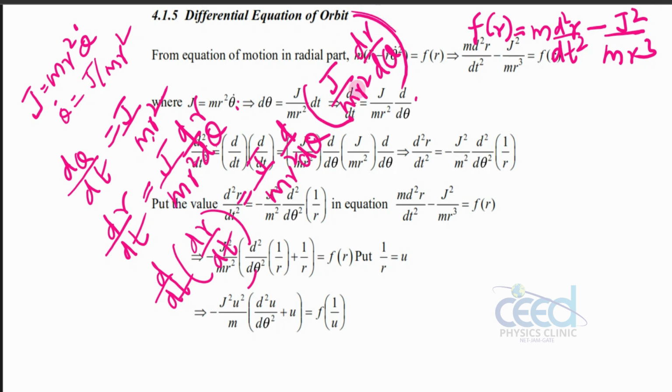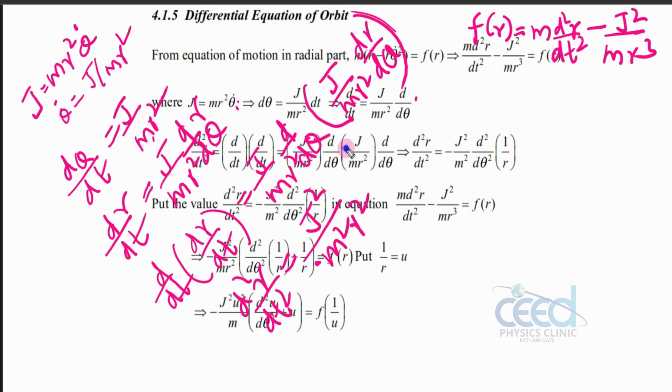Understood? Now look here, d by dt, so this I can write as d square r by dt square. J square divided by m square r square. This m I am taking out, m square r square, and this J taken out, J square.